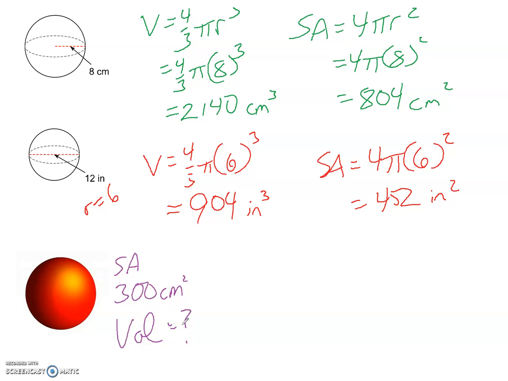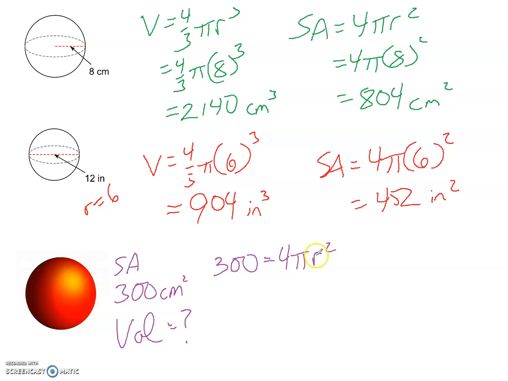Okay, now to do that, I can use the surface area formula in order to actually find my radius. So once I know my radius, I can use that to find the volume. So using the function for surface area, 300 is going to be equal to 4 pi r squared.